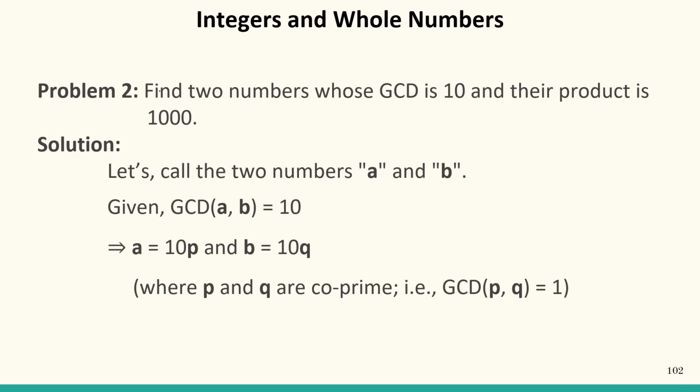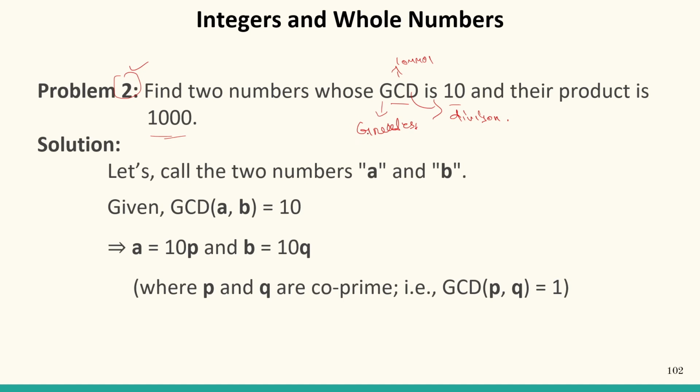Let's go forward with problem number 2. Find two numbers whose GCD is 10 and their product is 1000. GCD stands for greatest common divisor: all the numbers that divide both numbers, and among them the greatest one.